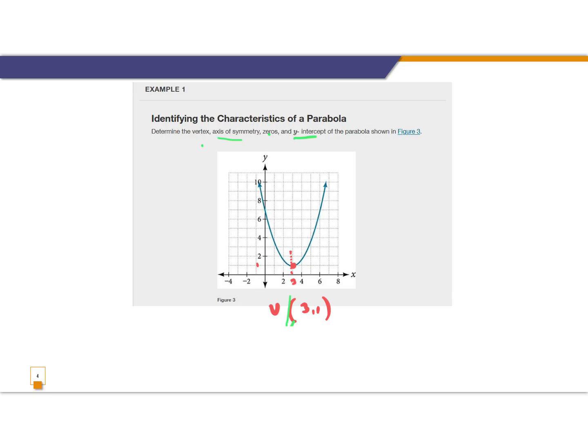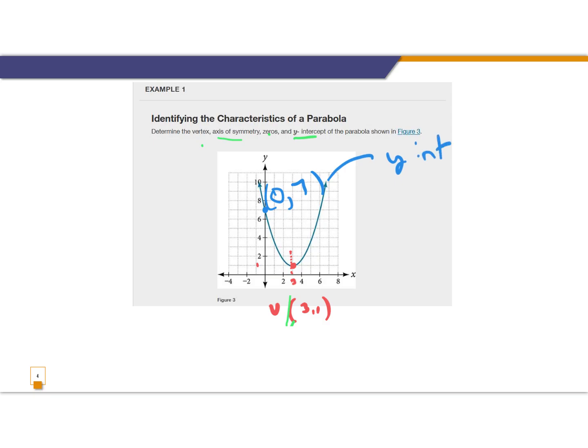But it clearly is up here. Clearly on the 7. So we'll put the ordered pair to be (0, 7). And that would be the y-intercept.